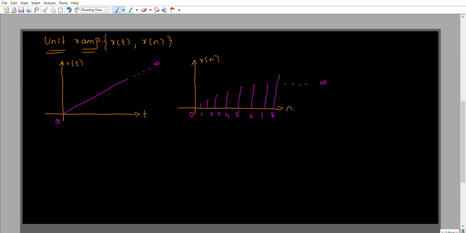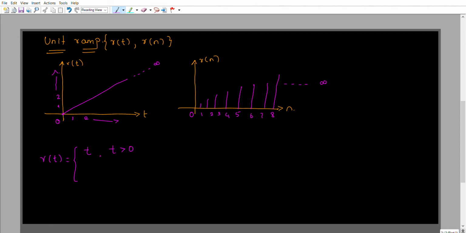So let's try to define this. r of t is equal to, now I said this is a linear signal. That means when the time value is 1, the amplitude is 1. When the time value is 2, the amplitude is 2. So as t varies, the amplitude r of t also varies. So I can say r of t is equal to t when t is greater than 0.